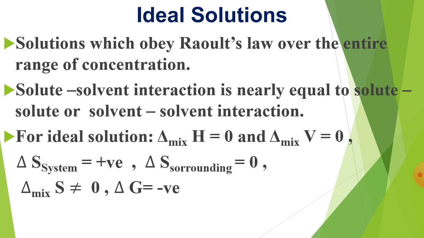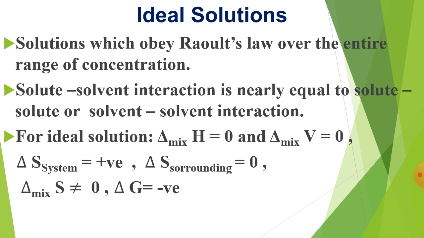Delta S surrounding. Recall the thermodynamic point of view. Universe is made up of two parts, system plus surrounding. The system on which observation takes place and surrounding which creates the change in the system.